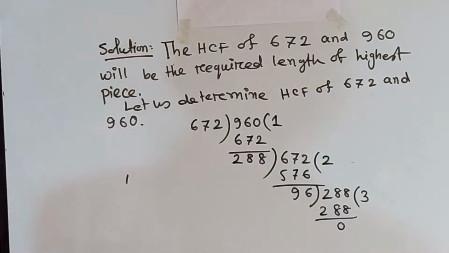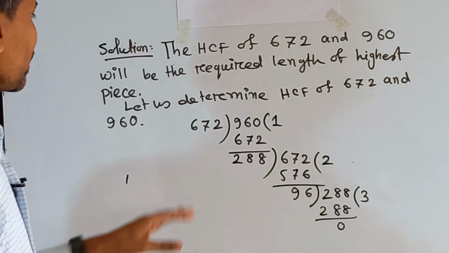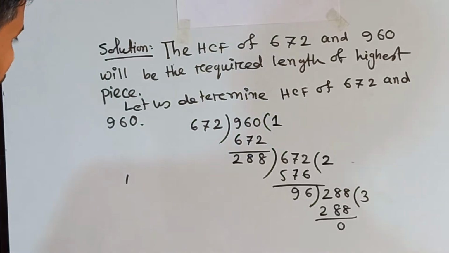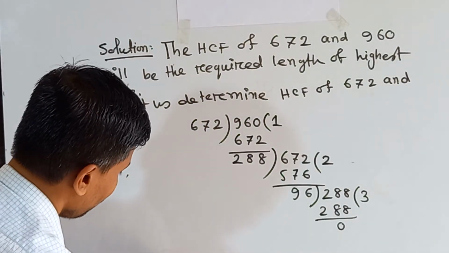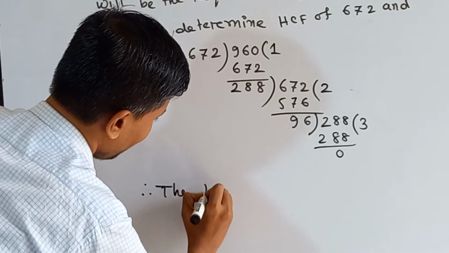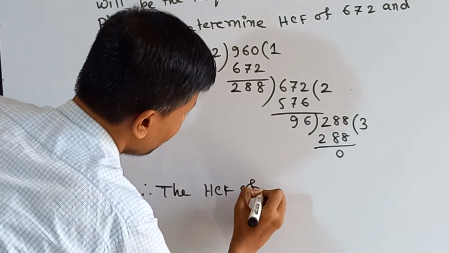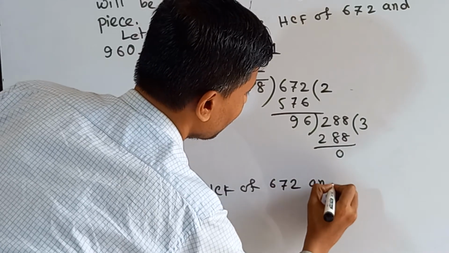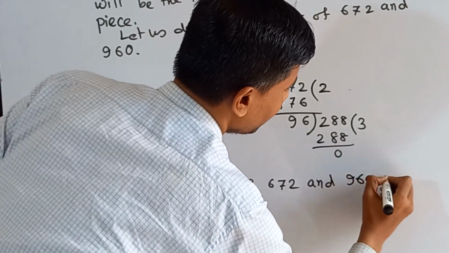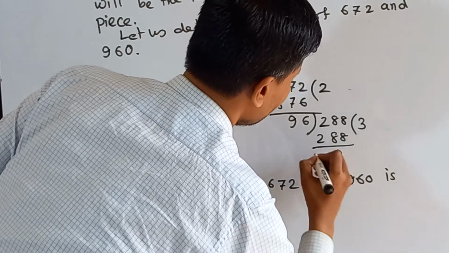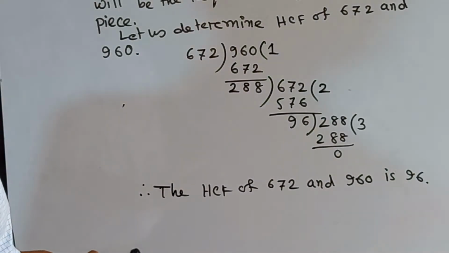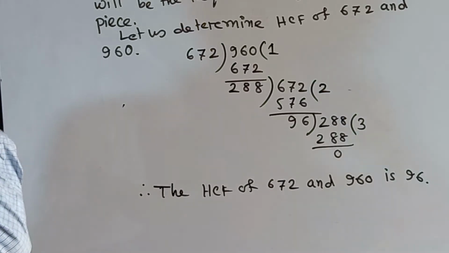Therefore, the HCF of 672 and 960 centimeter is 96. Now our question is what will be the length of the highest pieces of equal size cut from the two sheets?